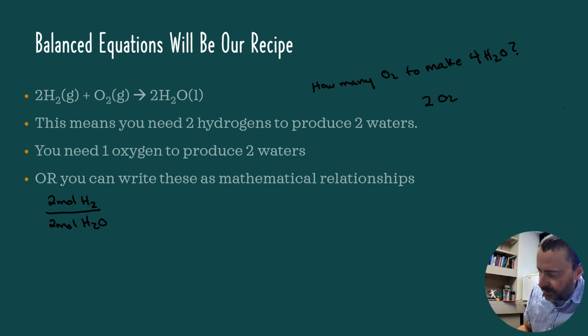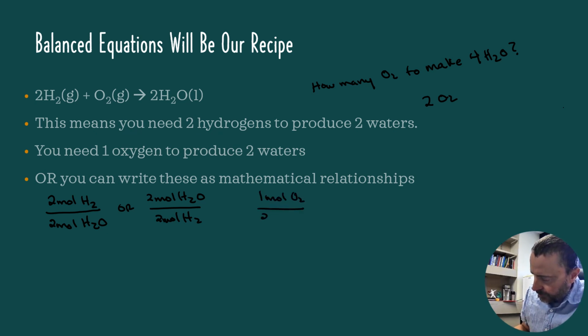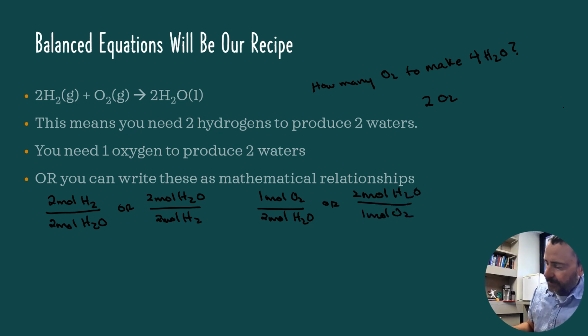Or we can write that as the inverse: 2 moles of water for every 2 moles of hydrogen. All right, and also 1 mole of oxygen per 2 moles of water, or 2 moles of water per 1 mole of oxygen.